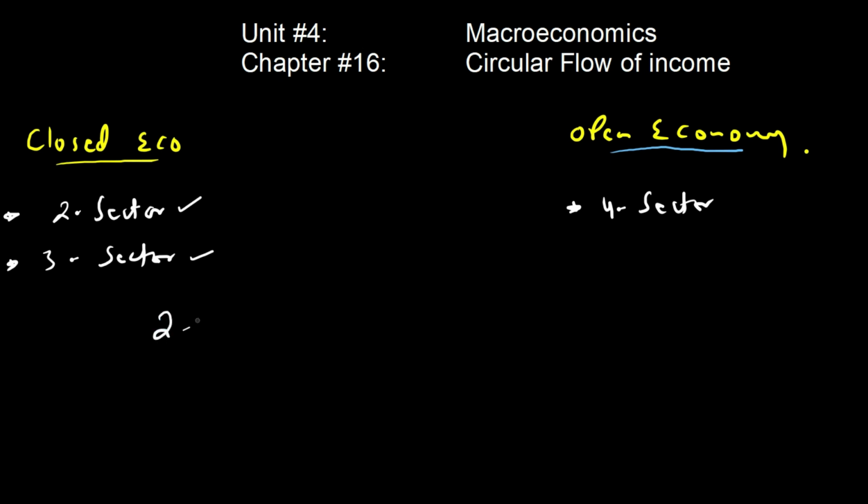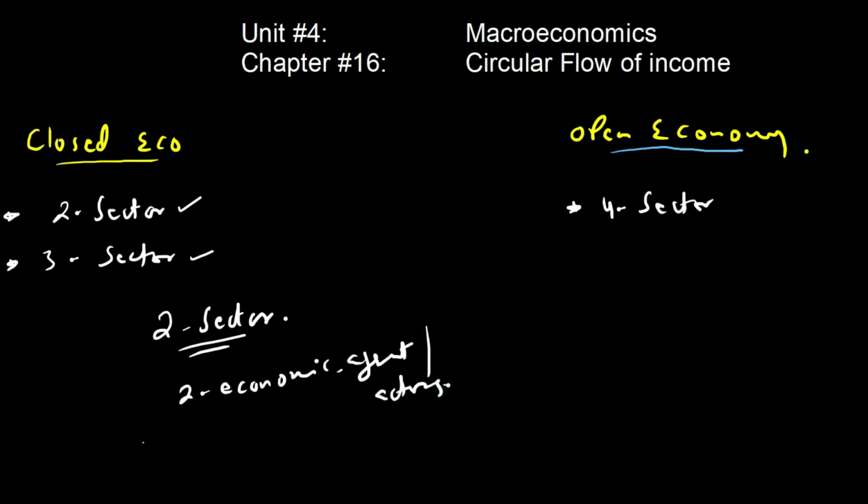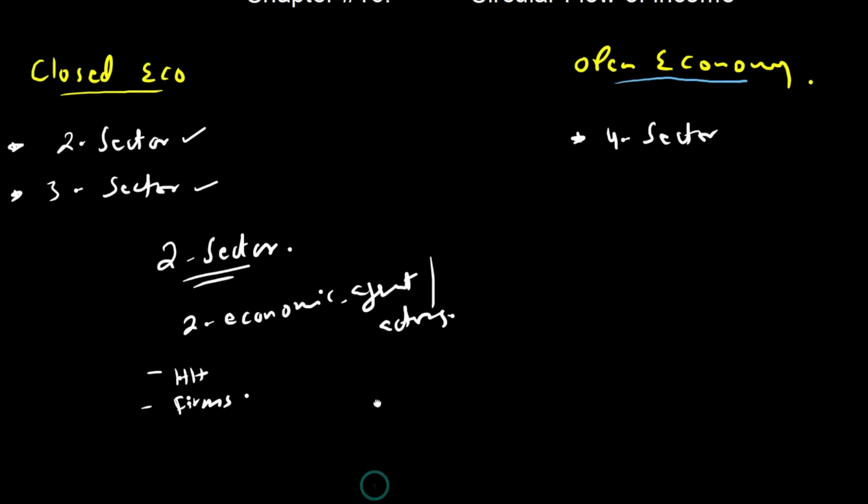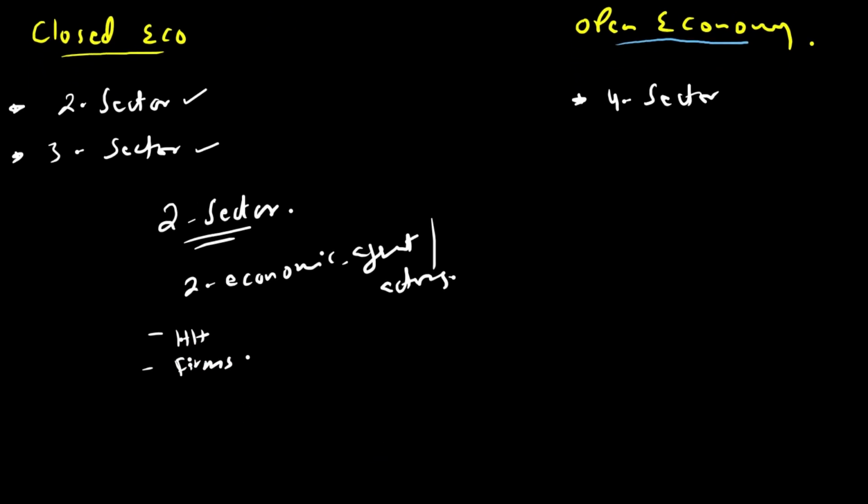So 2 sector economy is a type of economy in which there are only 2 economic agents, or economic actors, and what are those? Number 1 is households and the second one is firms, right? So it is also known as closed economy without government.